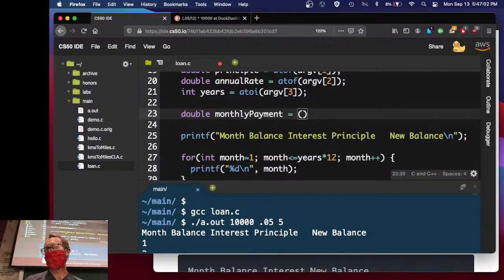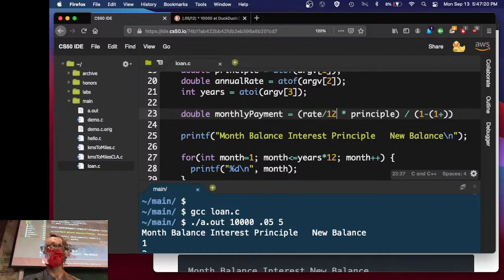Rate times principal, there we go. Divided by, and then from memory here, 1 plus, the rate has to be divided by 12 here. Do I have a worry of integer truncation in this case with the rate?